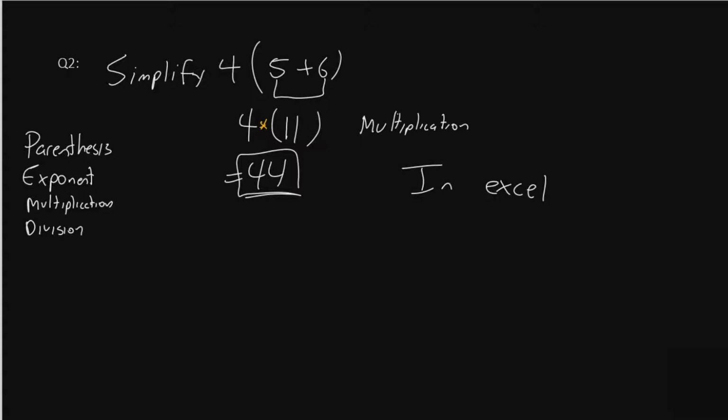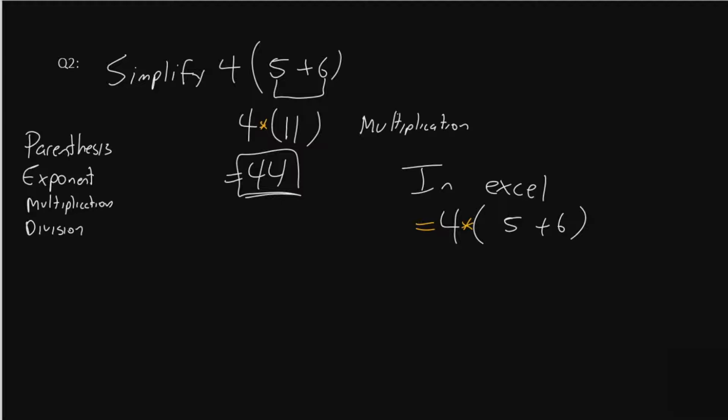So now, let's talk about how to do that in Excel. Now, if you just type 4 and then parentheses 5 plus 6 in there, Excel's not going to know what that means. It's going to get all mixed up on that. So there's a couple things we need to add. Number 1, always add the equals if you intend to tell Excel to do math. And number 2, that times sign that not every math teacher writes down for you in the problem, we have to put in.